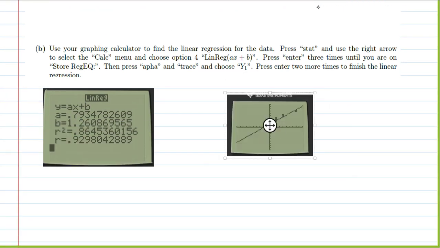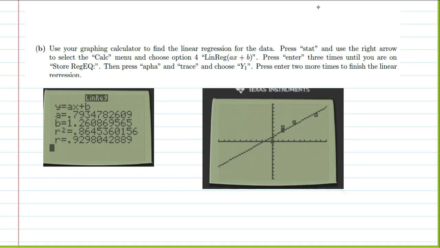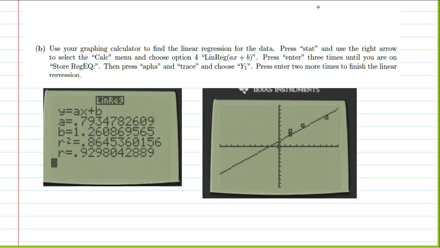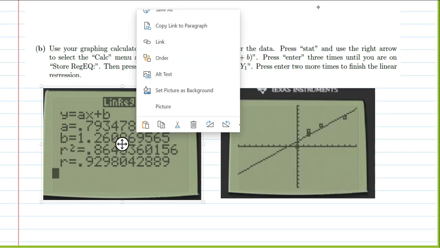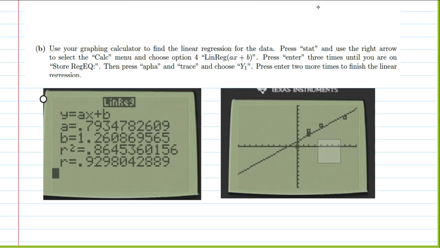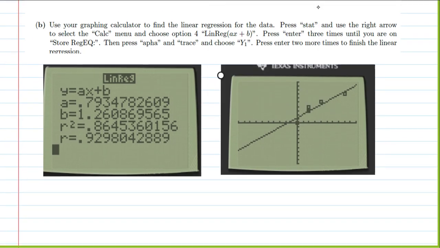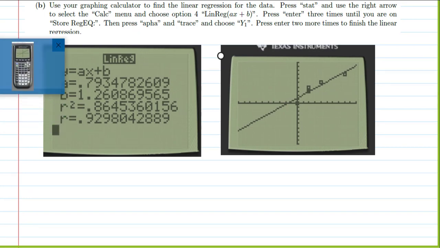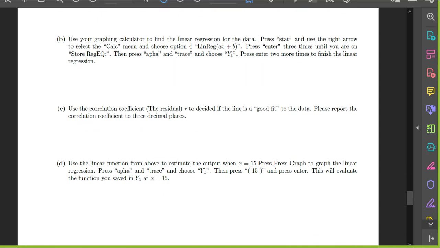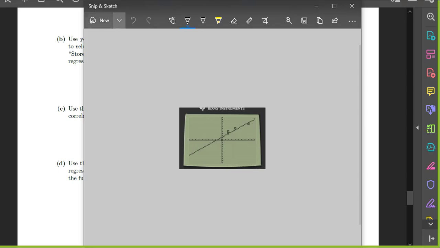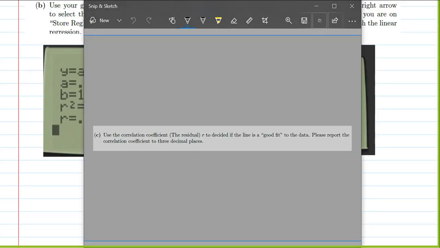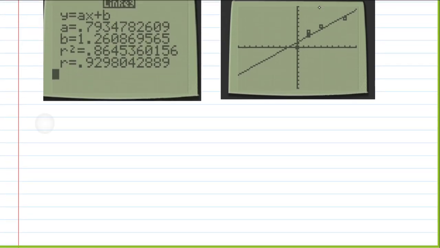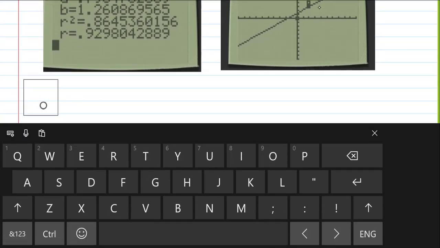So when I look at my data set, the line appears to be a reasonable approximation of that data set. So as we mentioned, we're going to say that the line is indeed a good fit because r is bigger than 0.7.